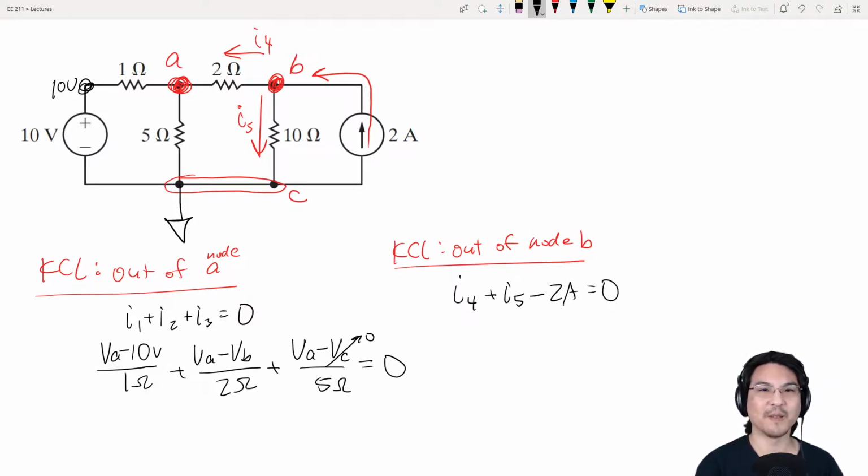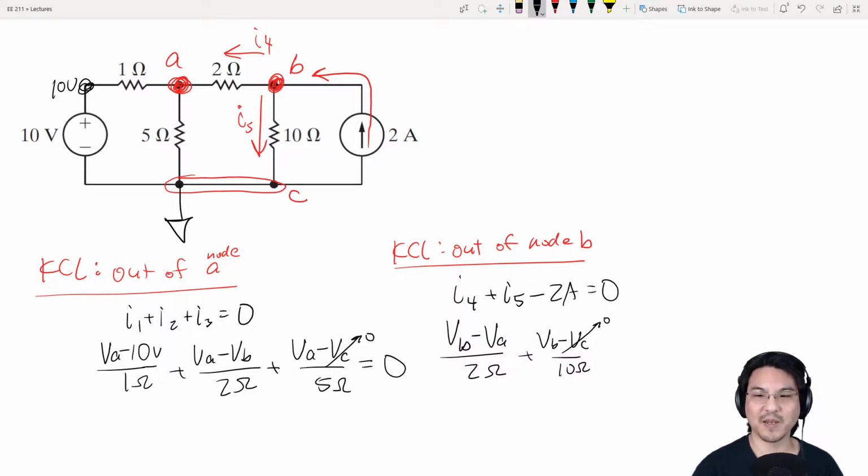Okay, what is I4? This voltage minus this voltage over 2. So the voltage at node B minus the voltage at node A over 2 ohms. How about I5? The voltage here minus the voltage here over 10. And again, the voltage here is 0 because that's my reference.